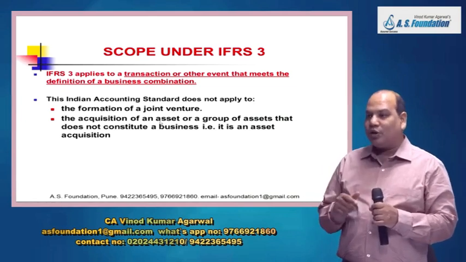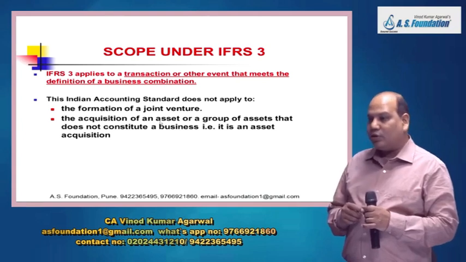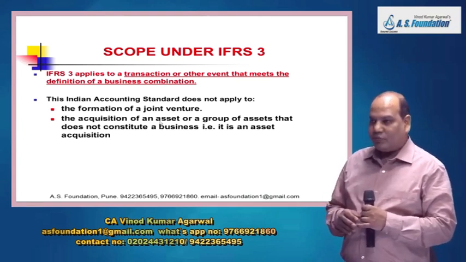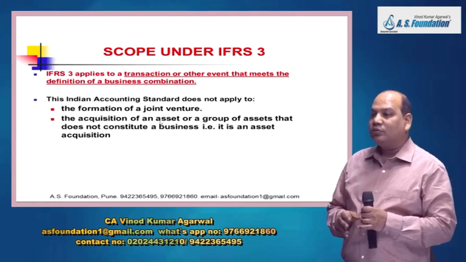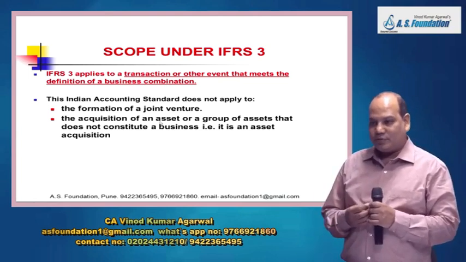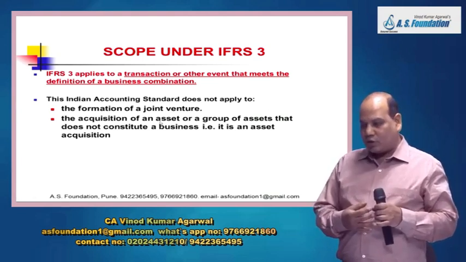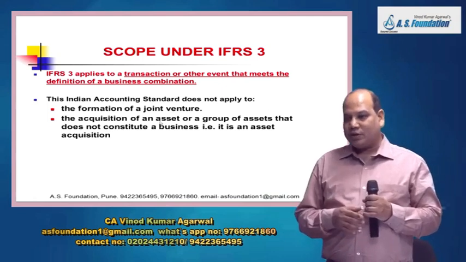Then, very important, it does not deal with the acquisition of an asset or a group of assets, single asset or group of assets, that does not form a business. If you go and buy a machinery, then you'll apply IAS 16.